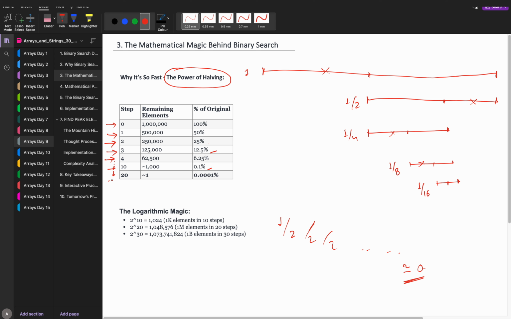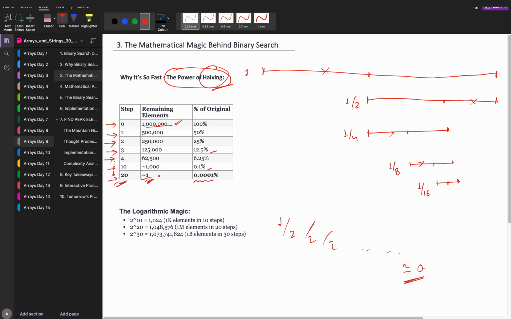And at the 20th step, this 10 power 6 has reduced to only one item. If I keep halving it, at the 20th step, this 10 power 6 will become 1 only, which is nothing but almost 0%. So that's the power of halving. That's why it is so fast. In only 20 steps, if I keep dividing in two parts and working with one part only, then from 10 power 6, it will become 1 only.